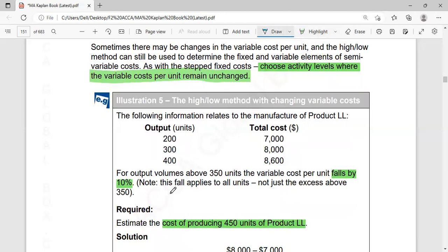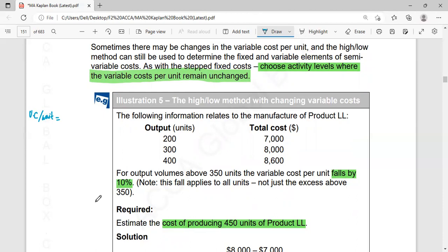So exactly the same concept. Now you have to choose those two activity levels in which variable cost remains unchanged. Can you tell me what those two activity levels are? Is it 200 and 300? Exactly. Because at 200 and 300, there is no fall of variable cost per unit. So the variable cost per unit is the same at these two activity levels.